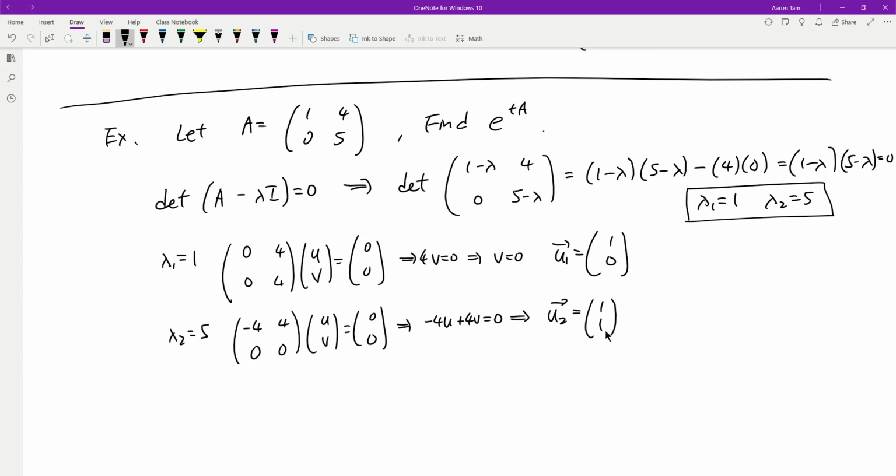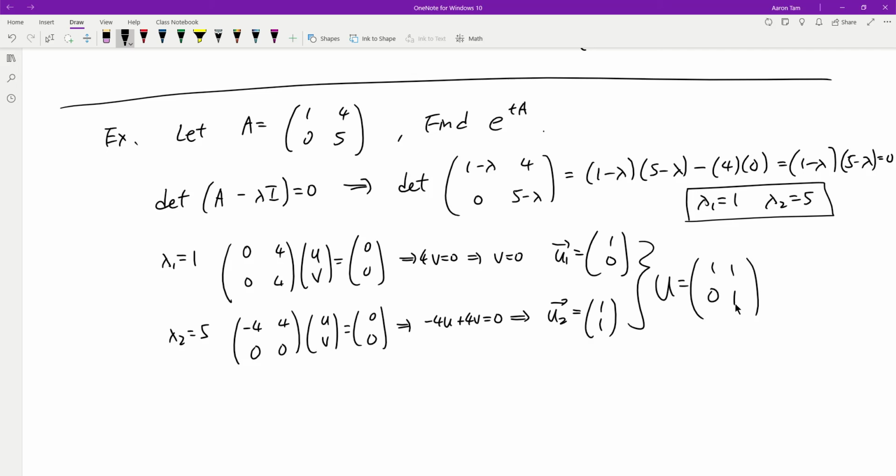So therefore, now I'm ready to form my matrix. Matrix U is going to be 1, 1, 0, 1. Oh, actually, no, you know what? I did put u1 first. So U will be [[1, 1], [0, 1]] with columns u1 and u2, that is, 1, 0 and then 1, 1.